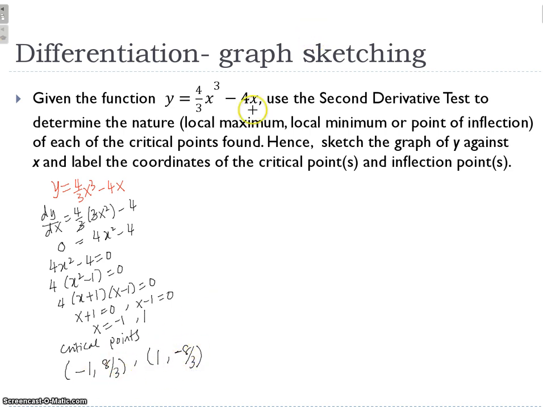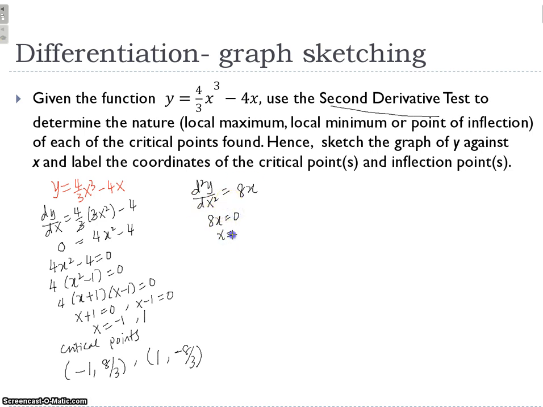To find the points of inflection, we will use the second derivative. Our first derivative is 4x squared subtract 4. So our second derivative, when we differentiate the first derivative, we get 8x. To find the inflection point, we let the second derivative equal 0.